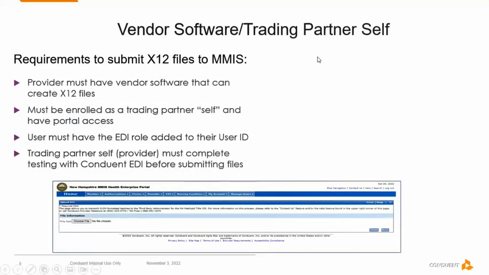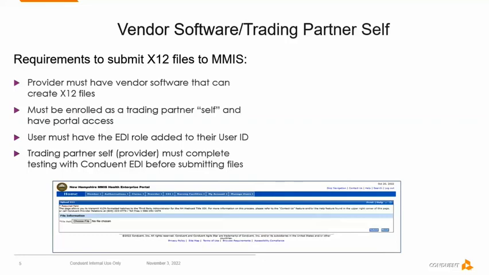And your third option would be utilizing vendor software, also known as becoming a trading partner self. The requirements for submitting an X12 file yourself as a trading partner self: the provider must have vendor software that can create an X12 file.